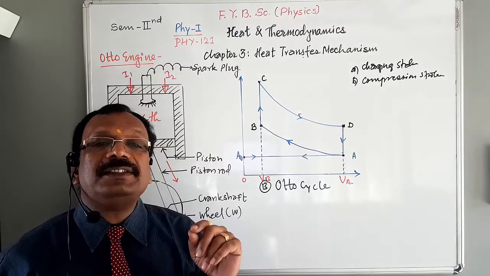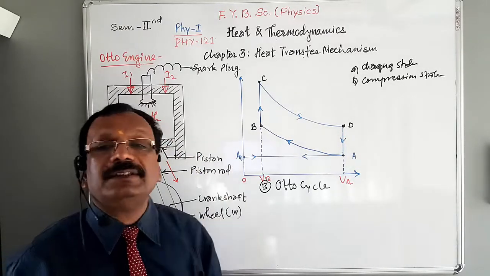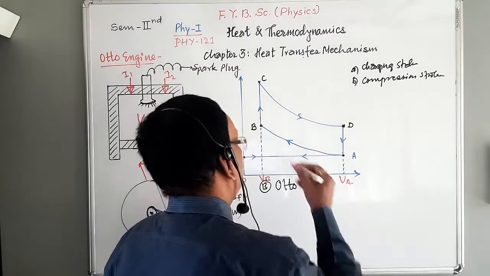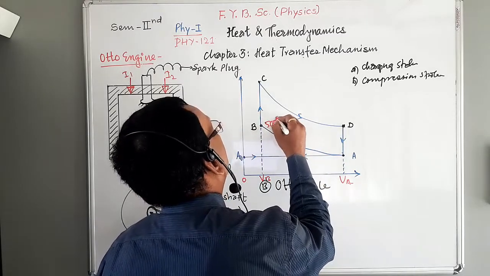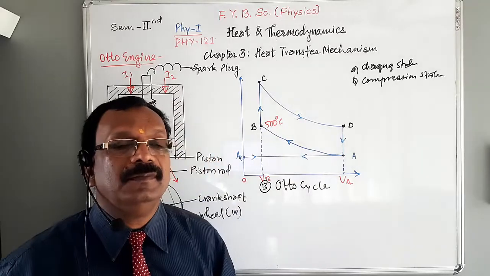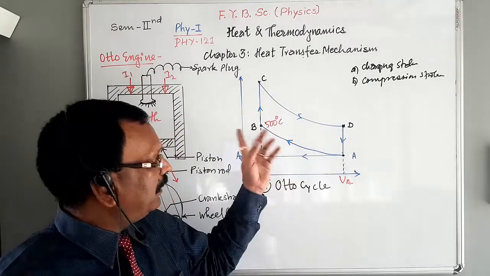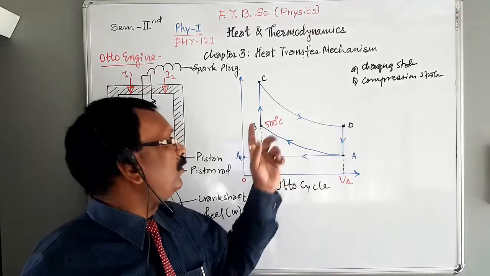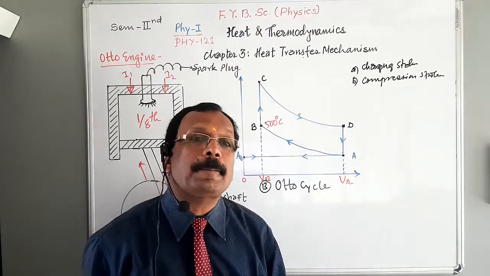During this compression, the temperature rises to about 500 degrees Celsius. This is very important. During this compression stroke, the temperature of the mixture rises to about 500 degrees Celsius.